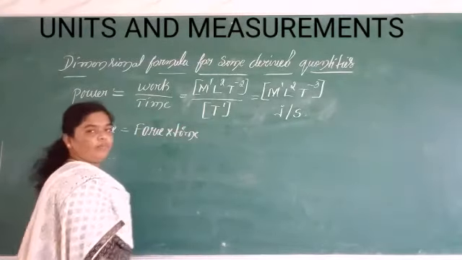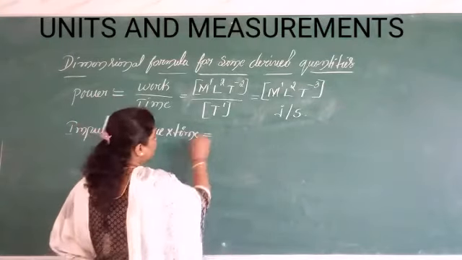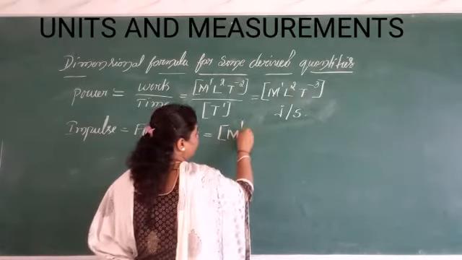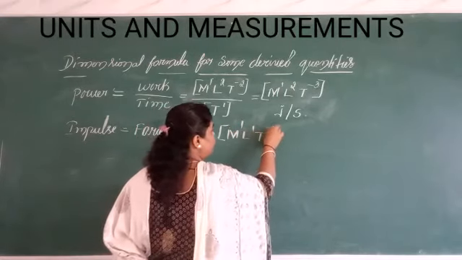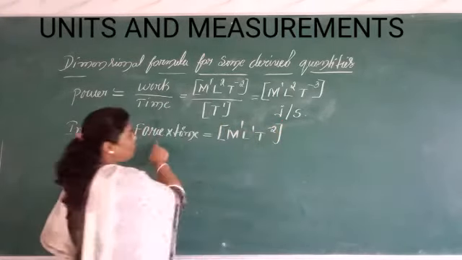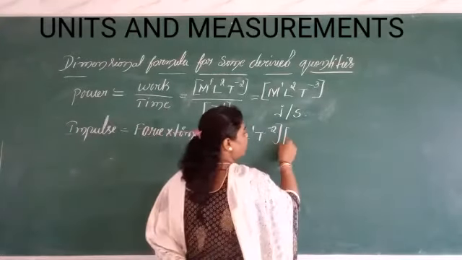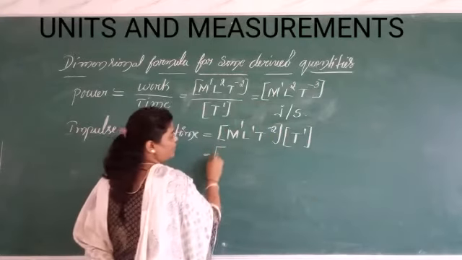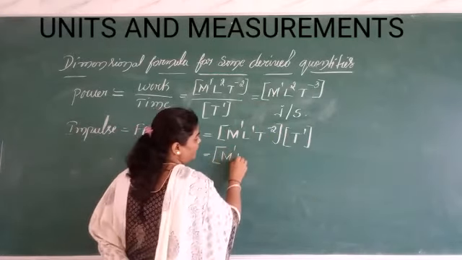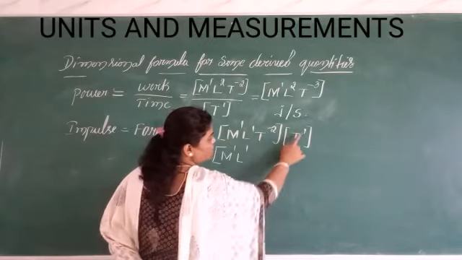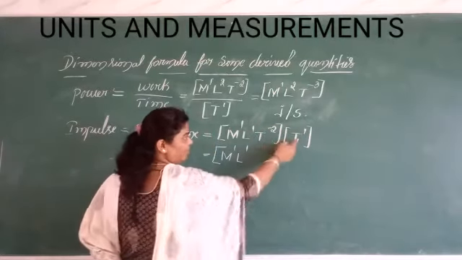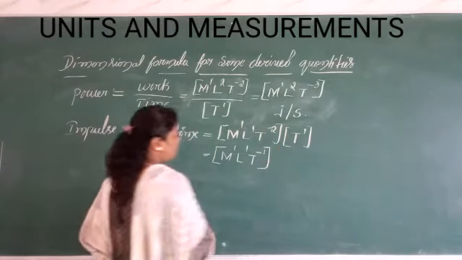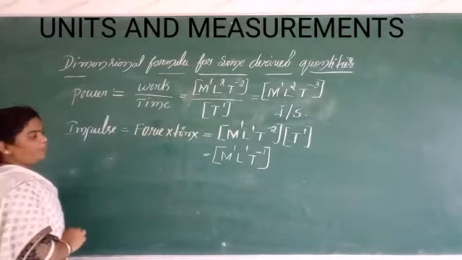Now the dimensional formula for impulse. We have already seen the dimensional formula for force: M1 L1 T-2. Into time, that is T1. When we combine these, M1 L1 T-2 with +1 gives -2 + 1 = -1. So M1 L1 T-1 is the dimensional formula for impulse.